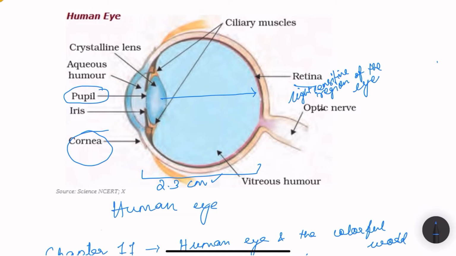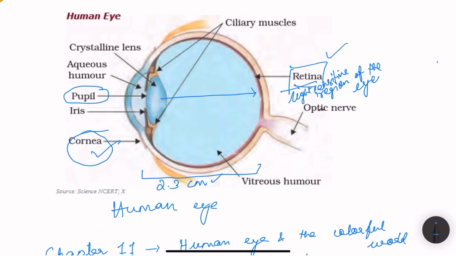The important points that you need to remember here: first, the human eye is like a camera. Second, most of the refraction that occurs while the light is entering the human eye is through the cornea. Then the lens is used for the finer adjustment of the image that is formed on the retina, the light sensitive region of the human eye. Pupil is the aperture through which the light enters the human eye.